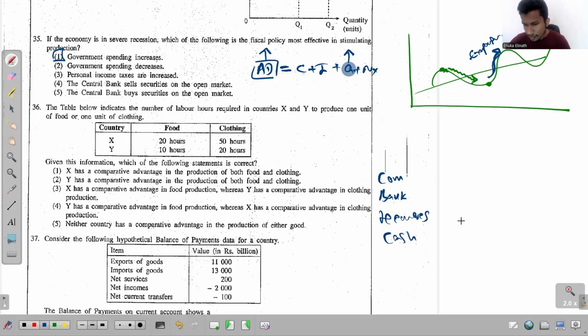So their cash reserves will go up. See that now, this is the first thing that happens. Commercial banks will receive cash.